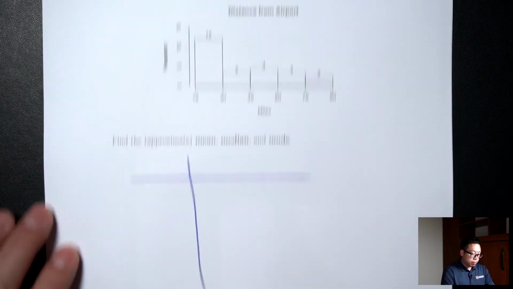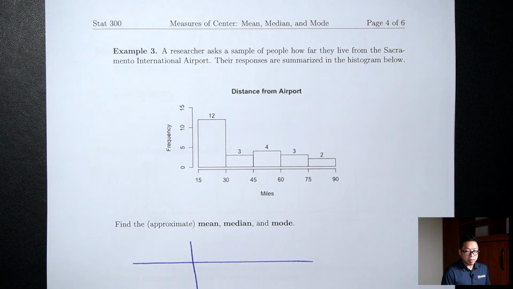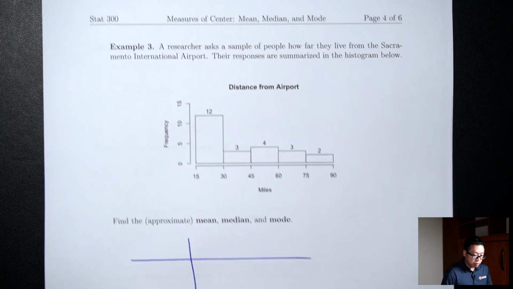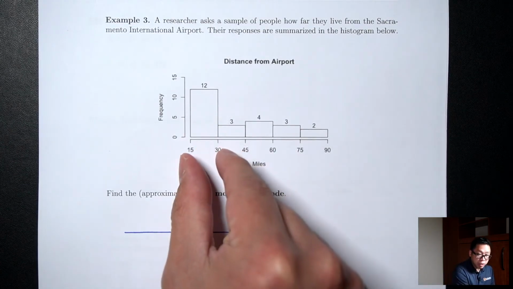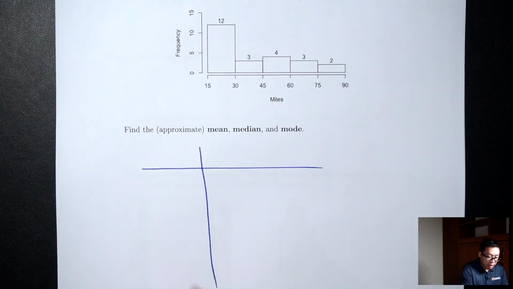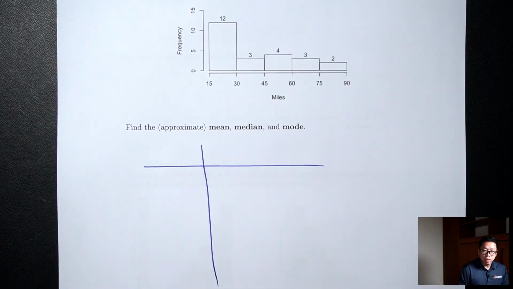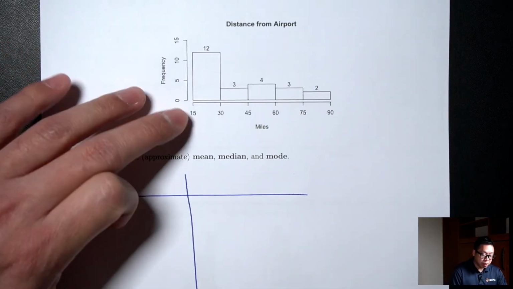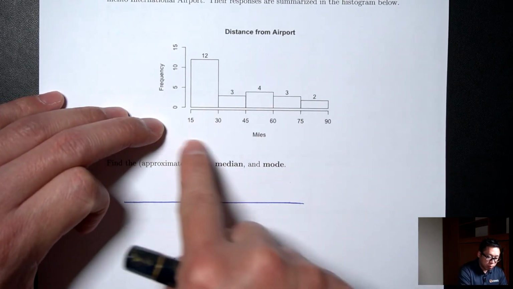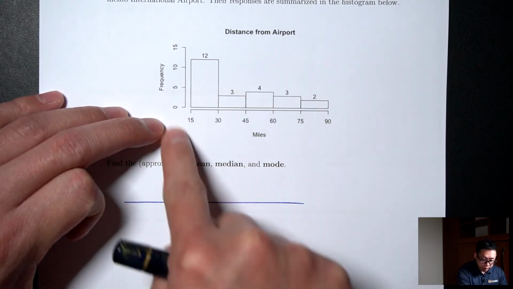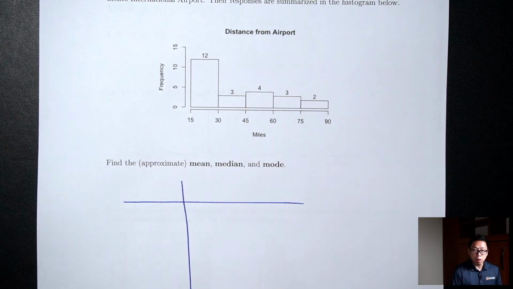Now notice that in this histogram, this is the situation with group data because each bar is over a range, which means my table should have ranges. And also remember that on a histogram, when you have group data, the numbers on the bottom are the lower limits.